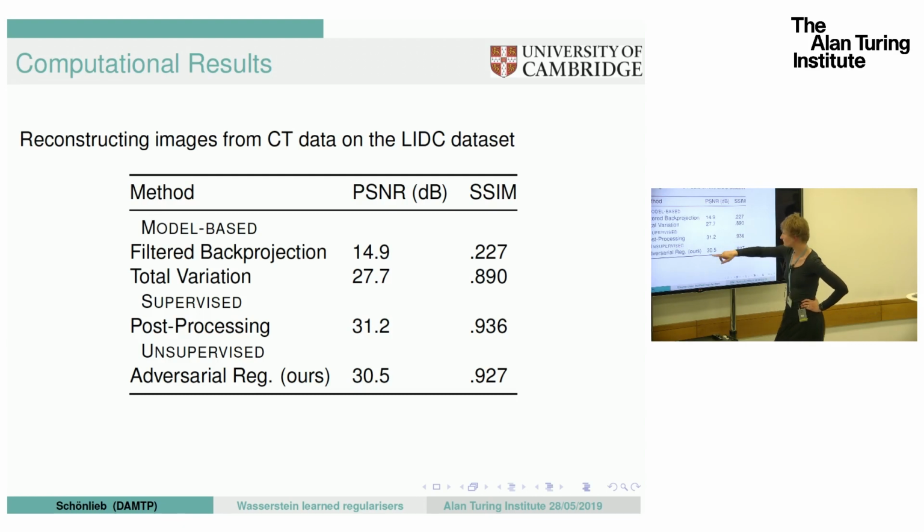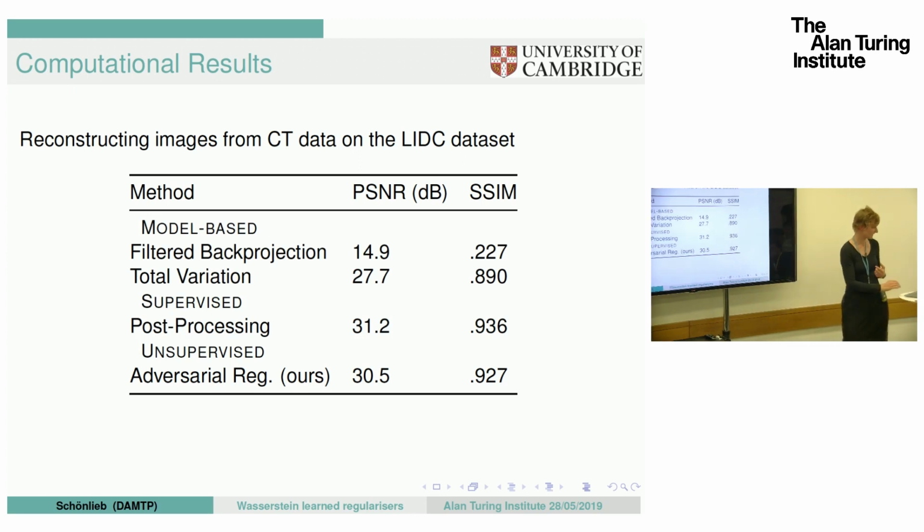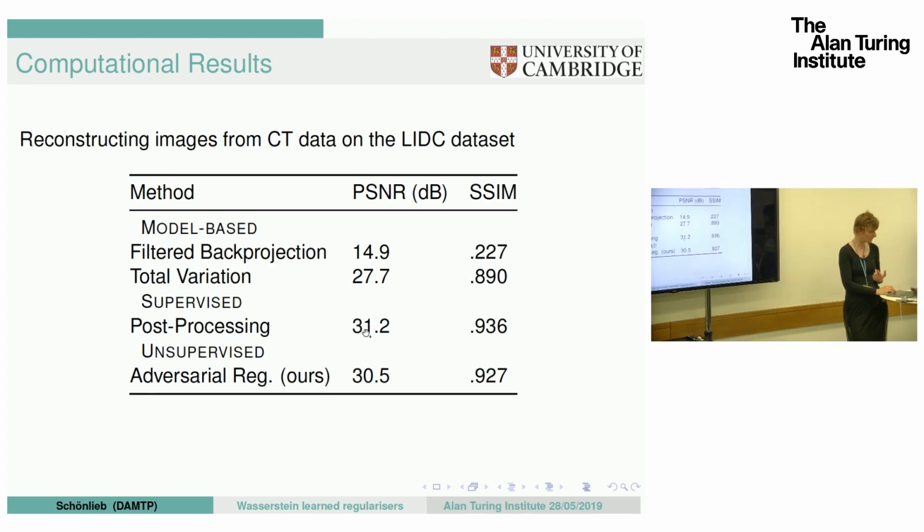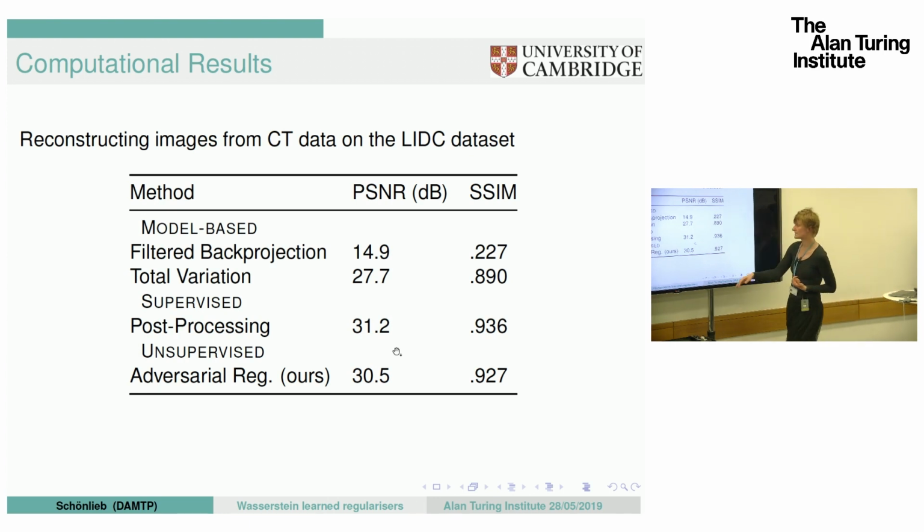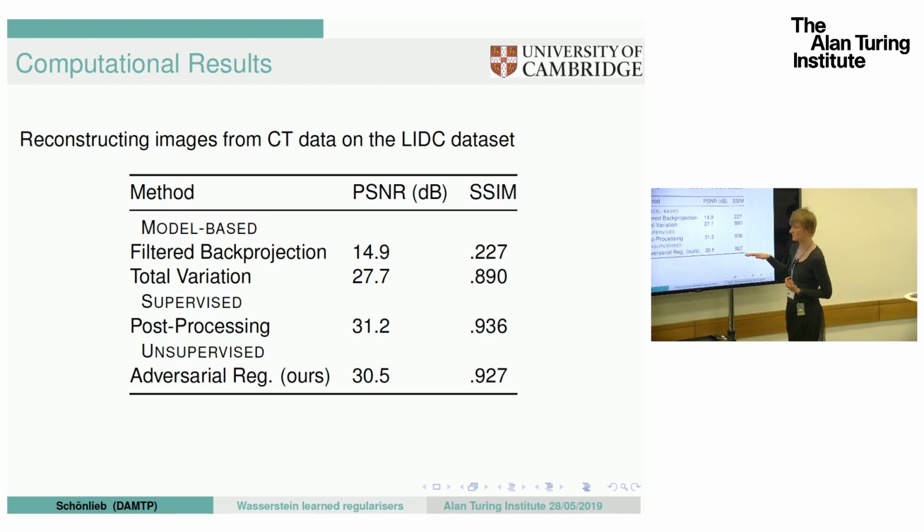The first thing I see is that the moment I use something learned, either the post-processing or the variational regularization with the learned regularizer, I get much better results. Another thing that we see is that the post-processing is doing pretty well. On average, it is slightly better than doing the variational regularization with the learned regularizer.